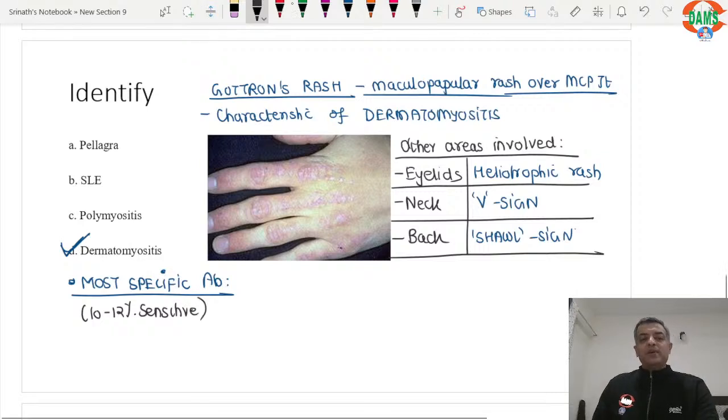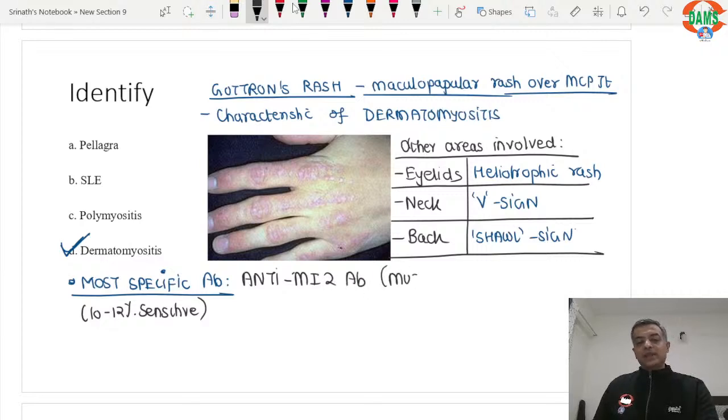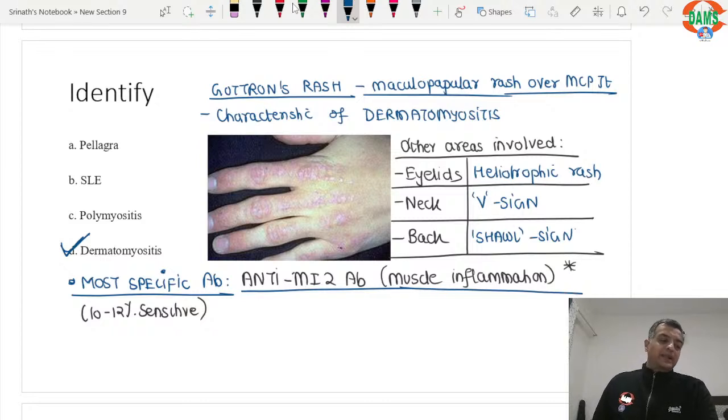The new antibody that has come is the anti-Mi2 antibody. Mi stands for muscle inflammation 2. The most specific antibody discovered, added to our list, anti-Mi2 antibody can be present.